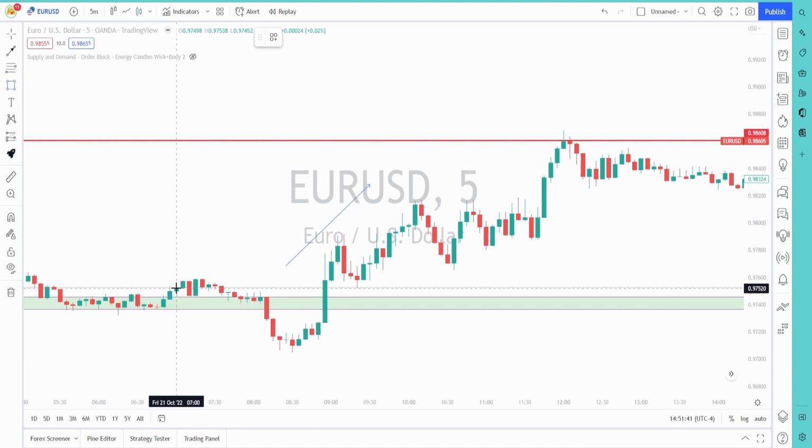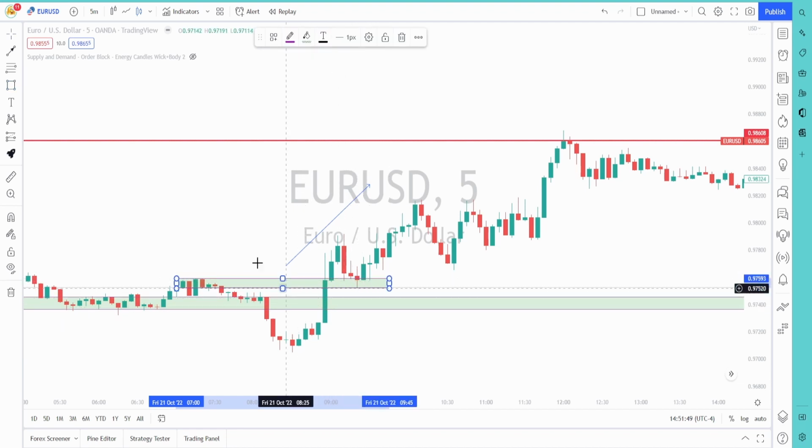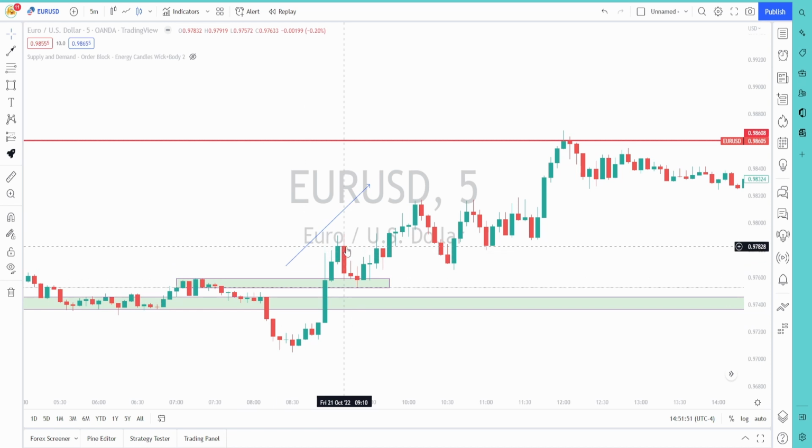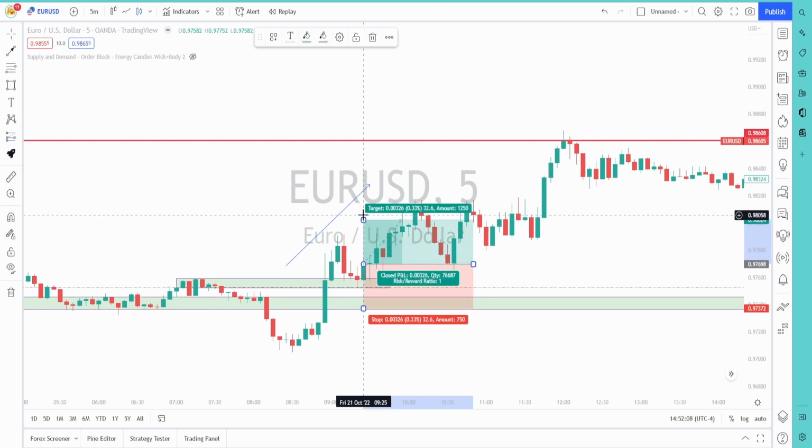So when we're looking at all of this, we can see that this was an area of demand here. And what happened was price came down, tested the area, and then gave us a candle confirmation that it may be going up. Doesn't mean that it will, but this is what we're looking for.